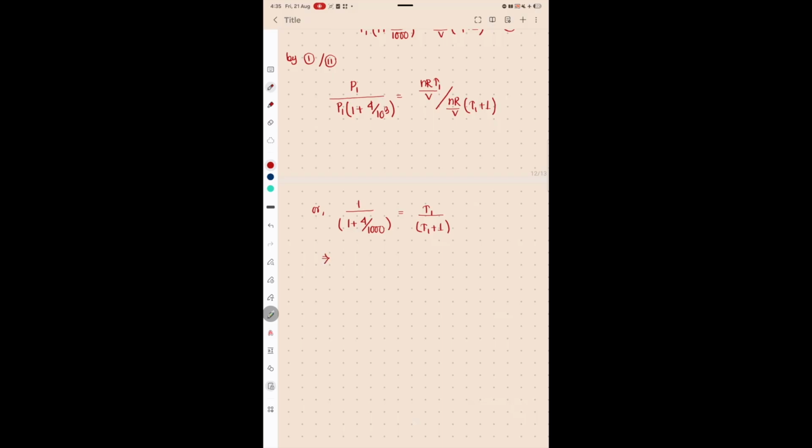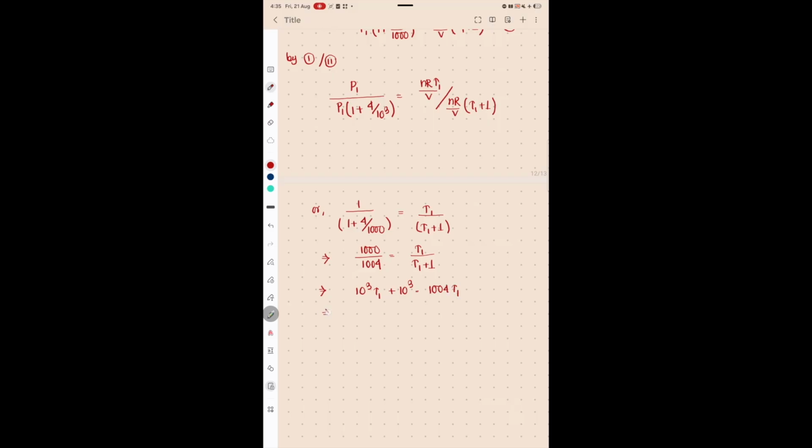So what will that give? This 1000 goes there, so 1000/1004 = T1/(T1 + 1). From here you get 1000 T1 + 1000 = 1004 T1.